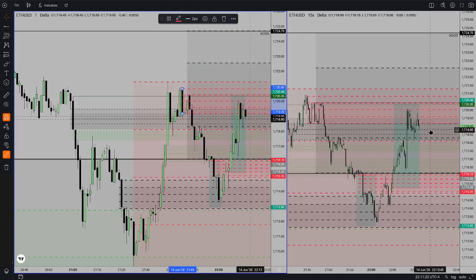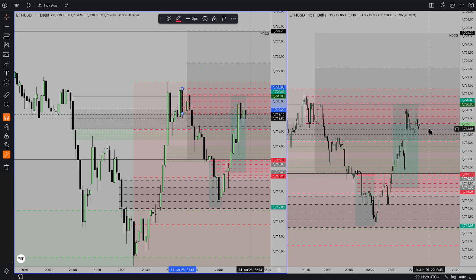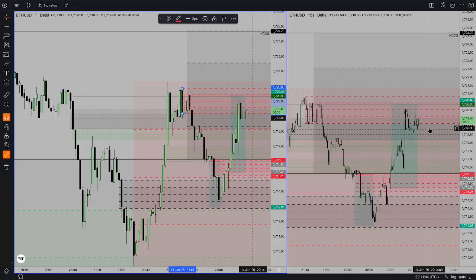This is the consequent encroachment of that particular CB. I want to see how it engages with that liquidity.